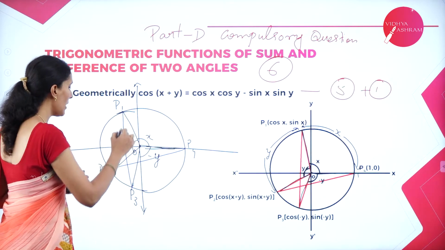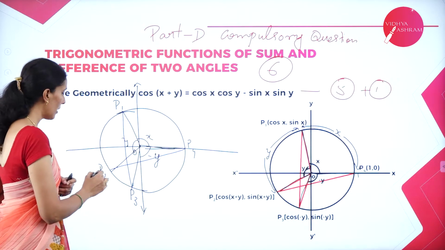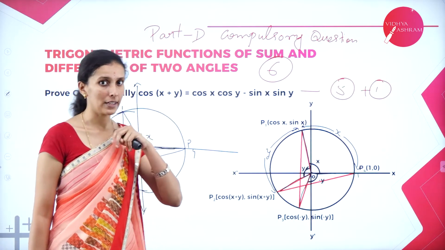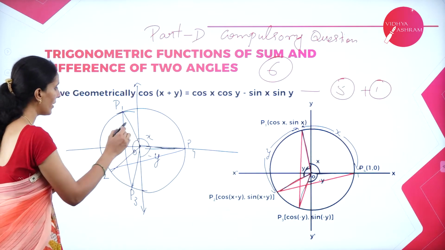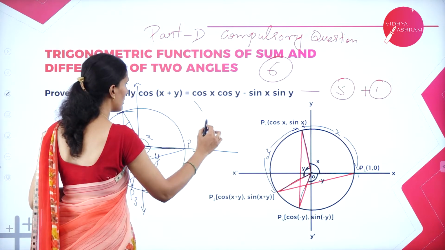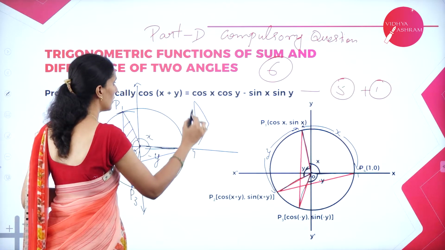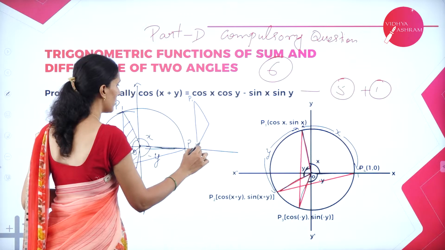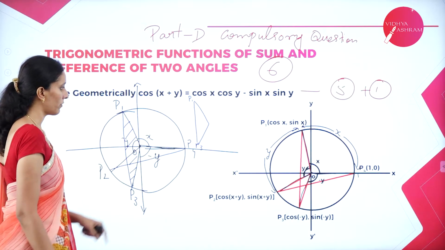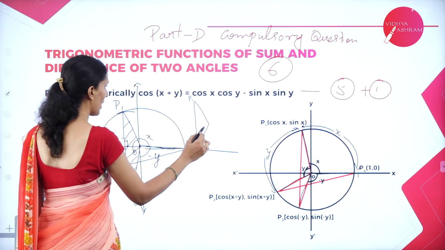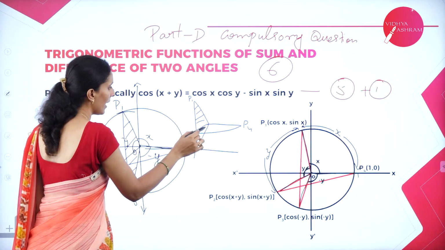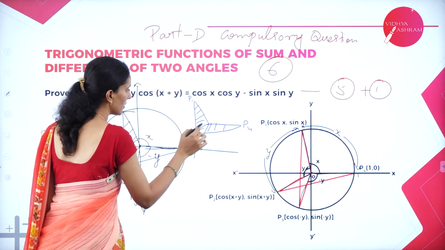Next, join P1P3 and P2P4. Now you are getting two triangles here. What are those triangles? One triangle is this, that is the triangle P1OP3. And one more triangle you have, P2OP4. These are the two triangles.